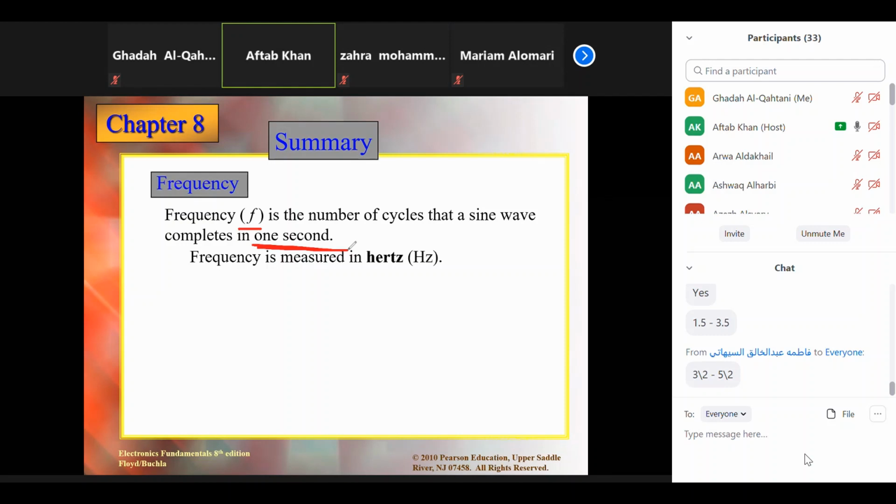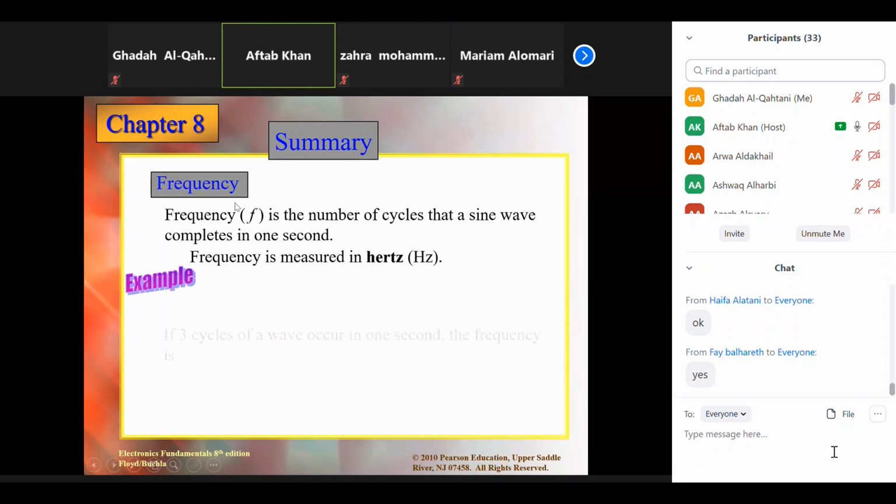For example, if 10 cycles, that is, complete positive and negative, are completing in 1 second, I will say the frequency is 10 hertz. Hertz is the unit of the frequency. Understand? Hertz is the unit of the frequency.